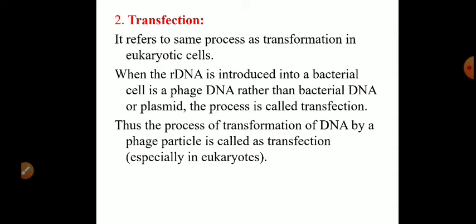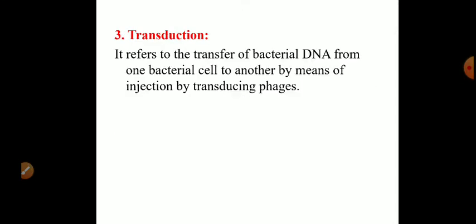Here, the foreign DNA may be coated with various chemicals like calcium phosphate. Thus, the process of transformation of DNA by a phage particle is called transfection, especially in eukaryotes, especially in plants. The third method is transduction.